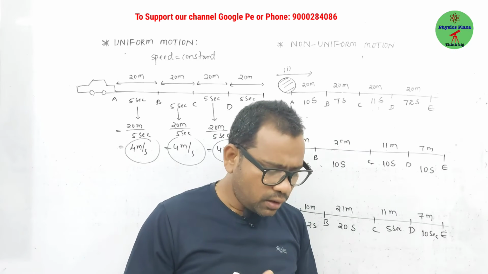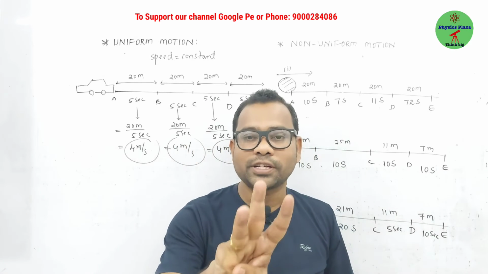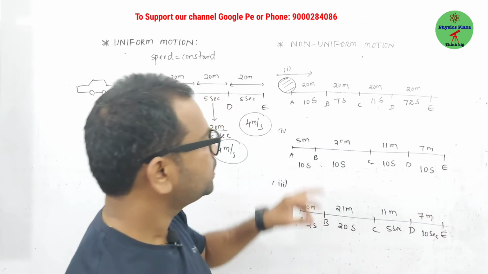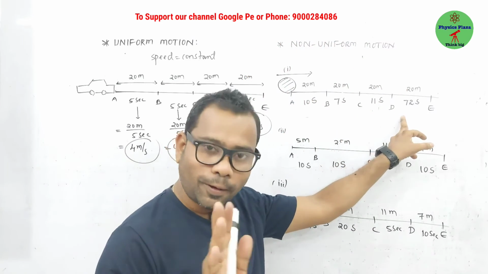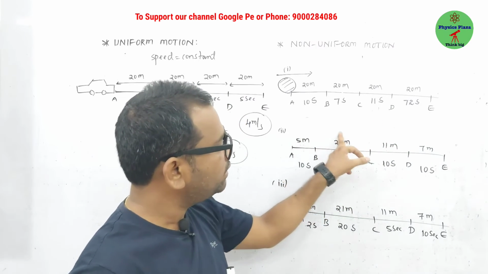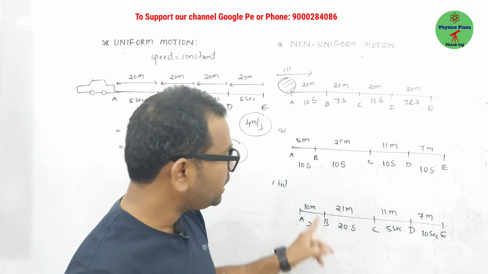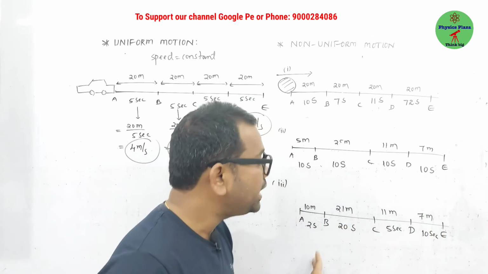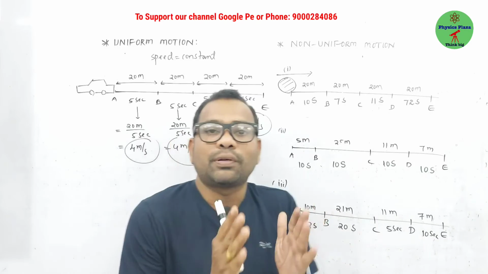So to say a body is in non-uniform motion, three definitions are possible. If a body is covering equal distances in unequal intervals of time, or covering unequal distances in equal intervals of time, or covering unequal distances in unequal intervals of time, then also the body is said to have non-uniform motion.